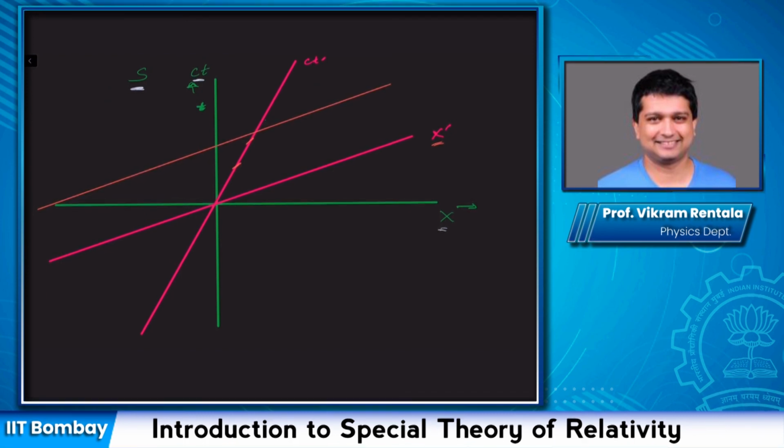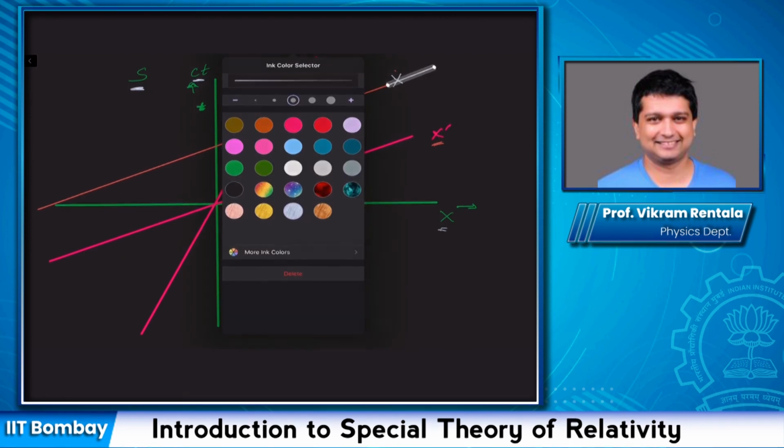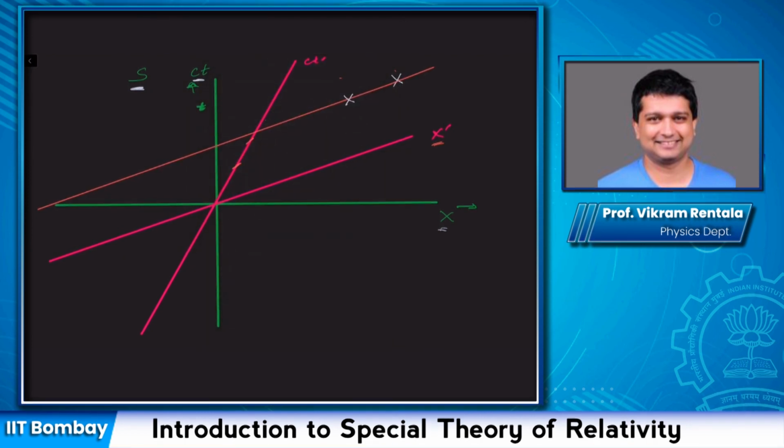So in particular, if we take two points over here, let's say here and here, then these two points, which we can denote as event 3 and event 4, E3 and E4, would have the same t prime coordinate and would appear to be simultaneous.